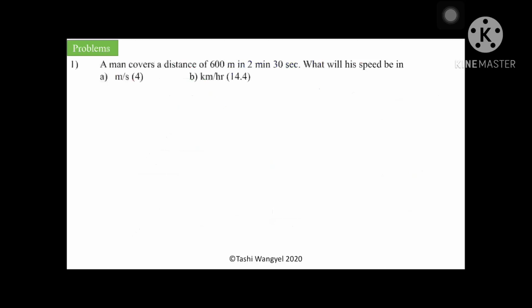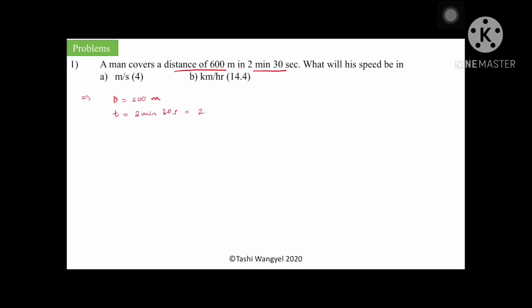Let us solve the first question. A man covers a distance of 600 meters in 2 minutes and 30 seconds. What will be his speed in meter per second and kilometer per hour? Distance is 600 meters, time is 2 minutes 30 seconds.